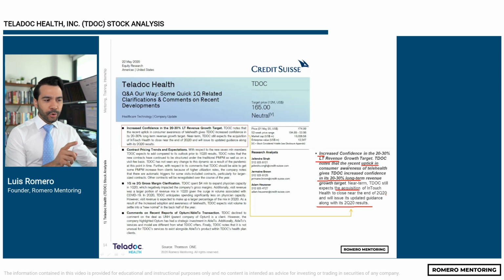So Credit Suisse is getting confidence from the uptick due to the coronavirus. So this is what we're seeing here. And again, it's not a surprise. It makes sense. It's very easy. It's rational that with the coronavirus, people staying at home, the lockdown, if you need a doctor, how are you going to get access to a doctor?